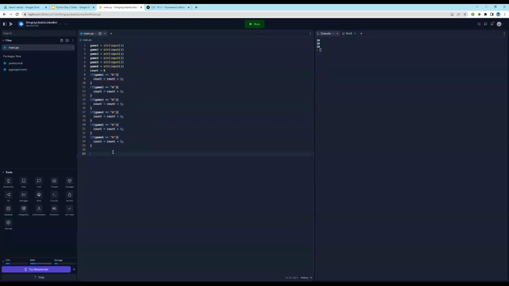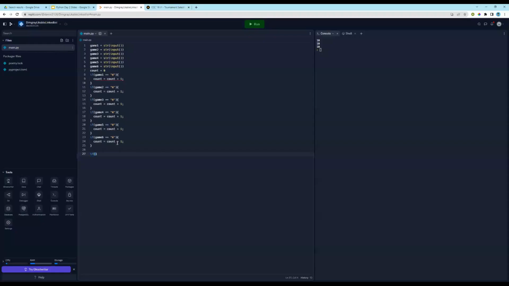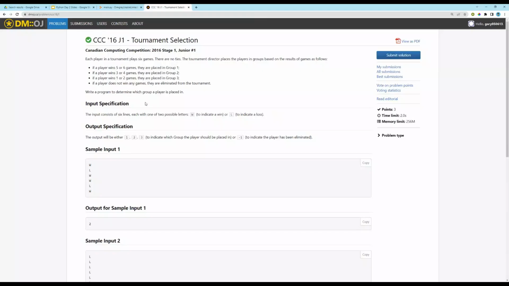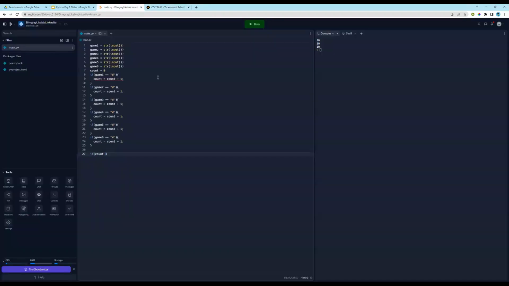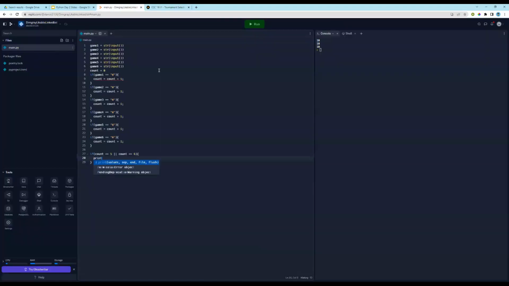And then finally, we have to check which group it ends up in. So this is where we use extended else if statements. So first of all, if it's 5 or 6, so if the count equals 5, or the count equals 6, then we know that it is placed in group 1, so we print 1.